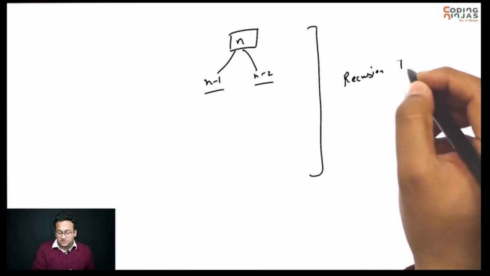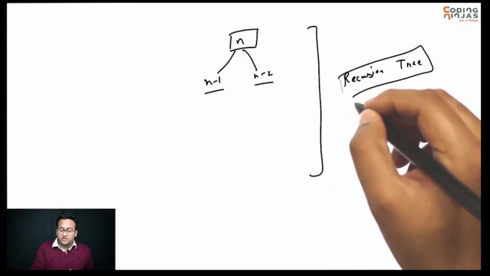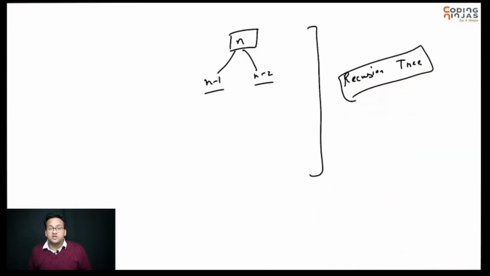So we drew the recursion tree to understand the calls that recursion is doing, which helped us figure out that we are doing exponential calls, and if we are doing exponential calls, the time complexity is exponential. Makes us realize the Fibonacci recursive code is actually pretty bad. If you want, you can try to run it for n equal to 50, 60, 100, and it's not going to work. Okay, thank you.